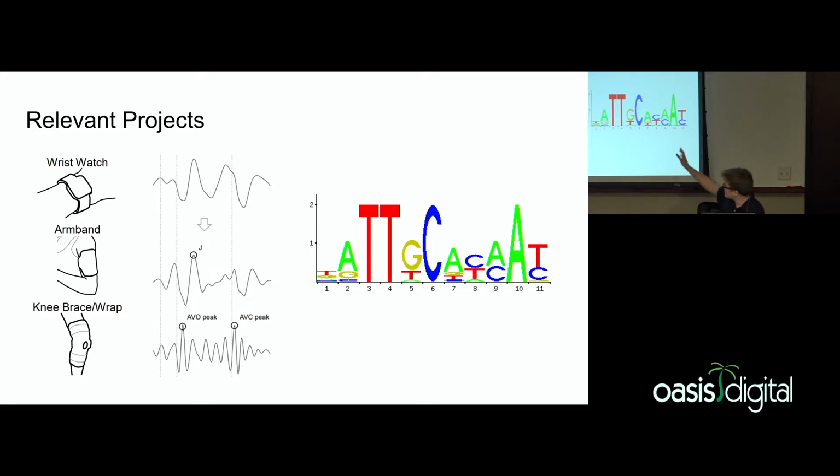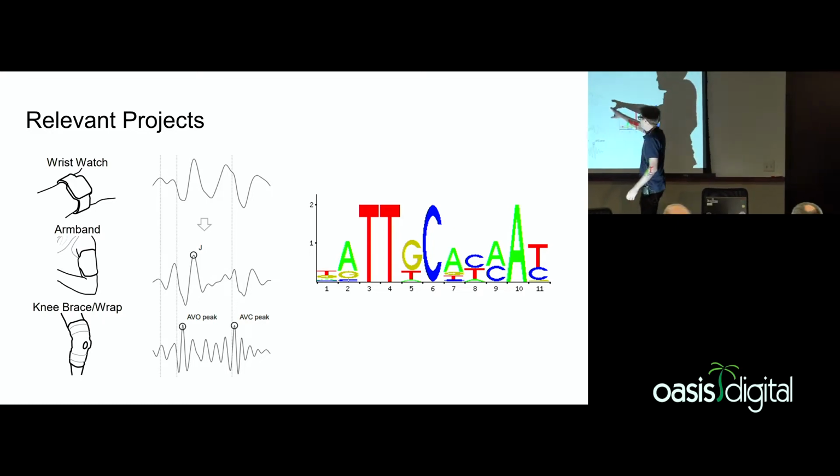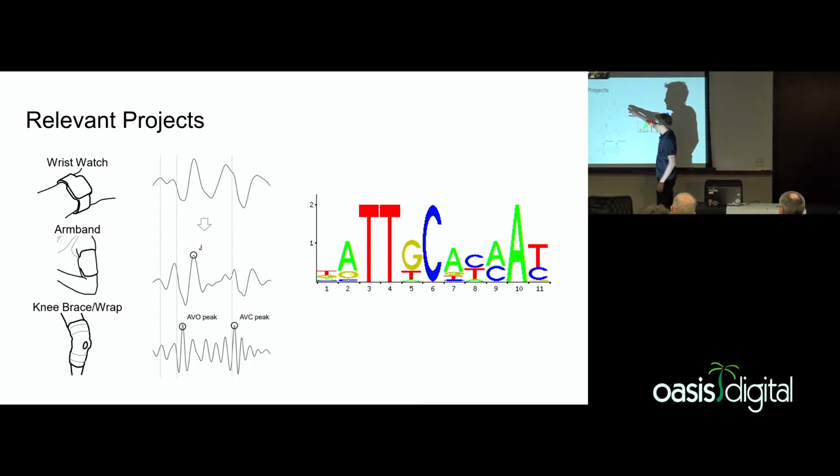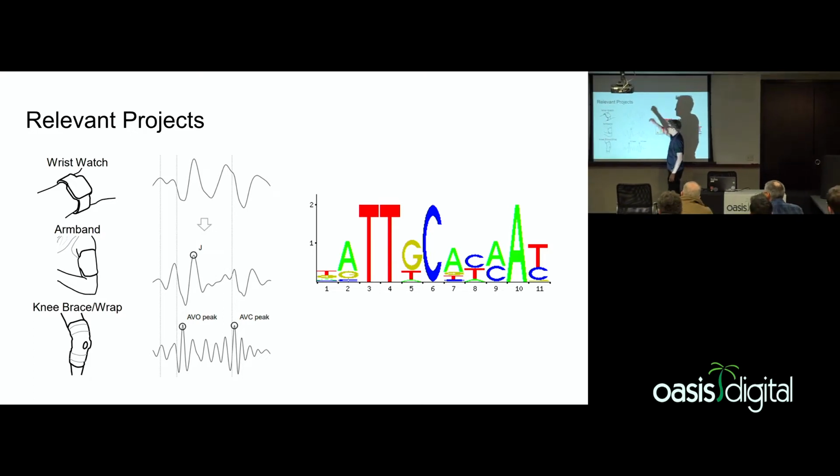So on the left is my project that I did with signal processing. This was trying to measure the timing of heart events using wearable devices, specifically accelerometers and gyroscopes in those devices. So the graphs here in the middle, this is a raw waveform from a wristwatch accelerometer.